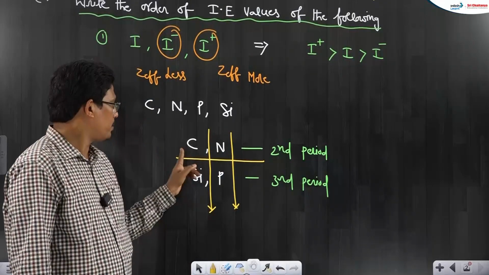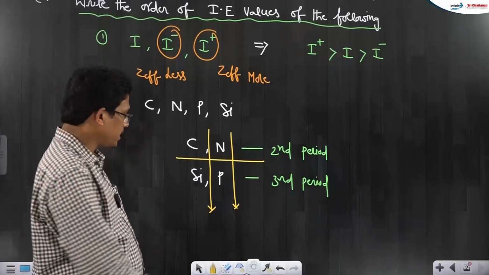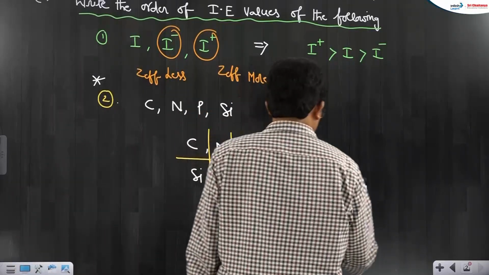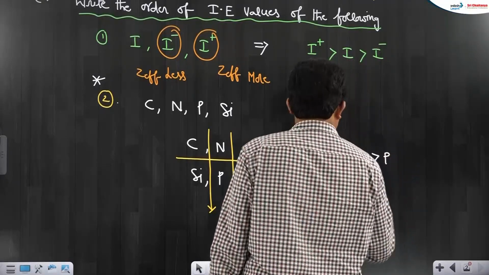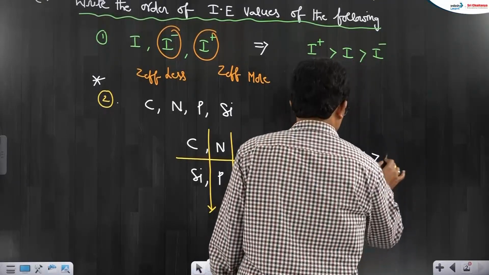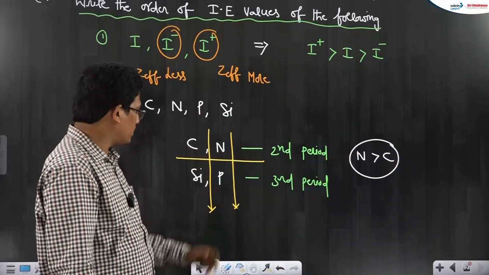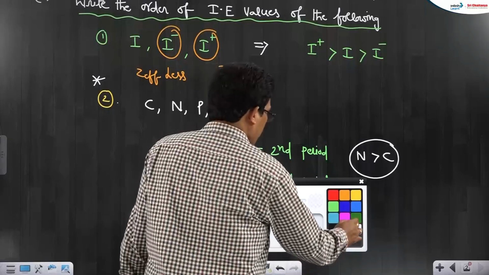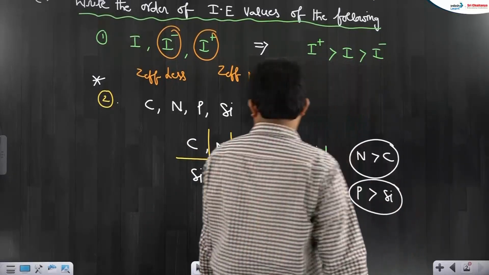Here in second period, moving from carbon to nitrogen, ionization energy value increases. So nitrogen has more IP than carbon in second period. Similarly, in third period, phosphorus has more IP than silicon.